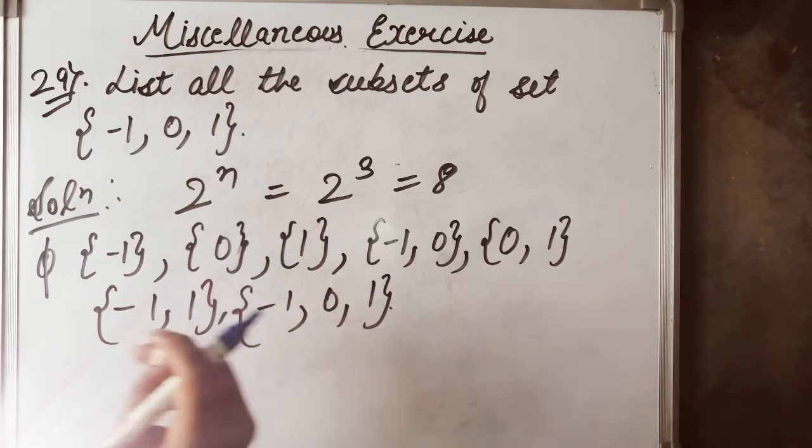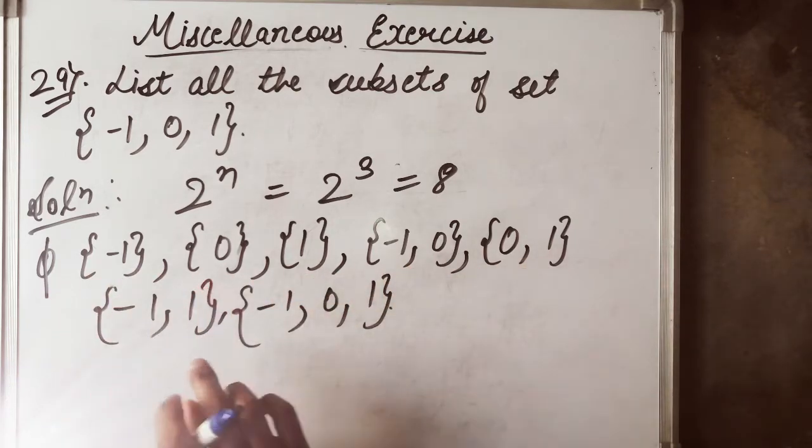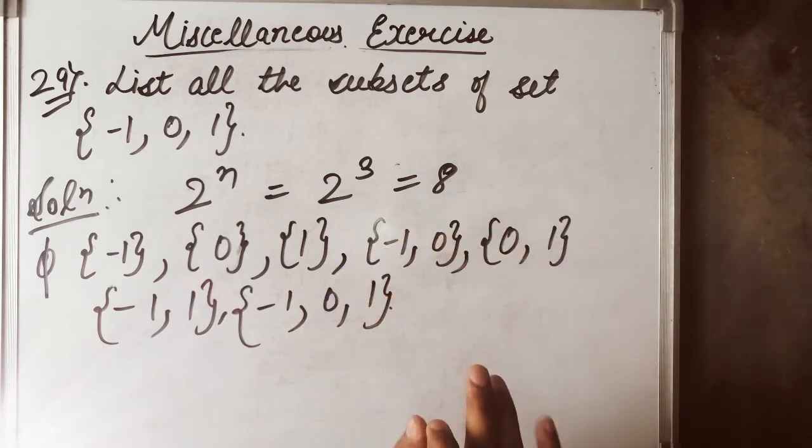Let's count the total subsets: 1, 2, 3, 4, 5, 6, 7, 8 total. These are total 8 and hence verified.